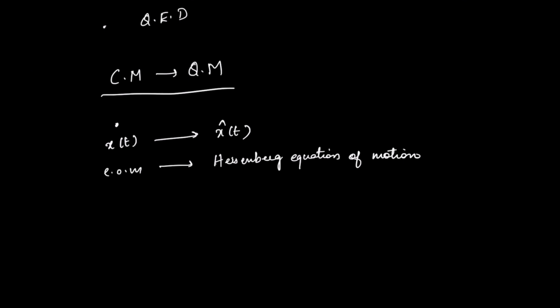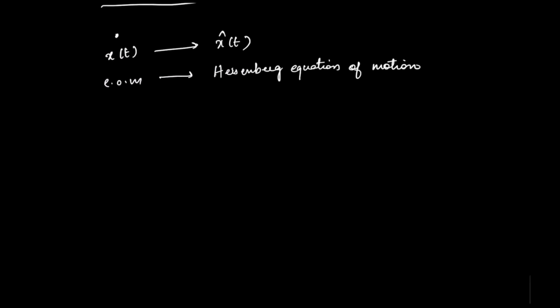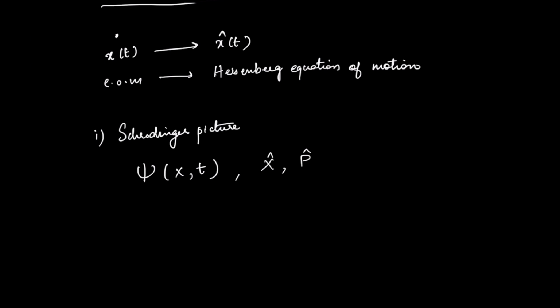There are two ways of describing quantum mechanics. One is the Schrodinger picture and the other one is the Heisenberg picture. In Schrodinger picture, you have the wave function, which is dependent on time, and time independent operators.